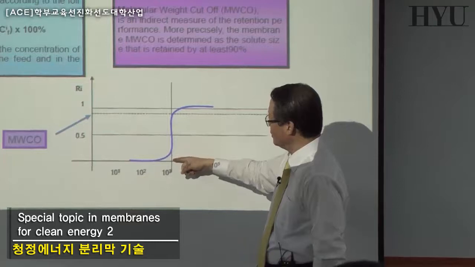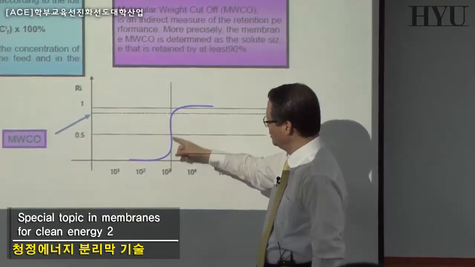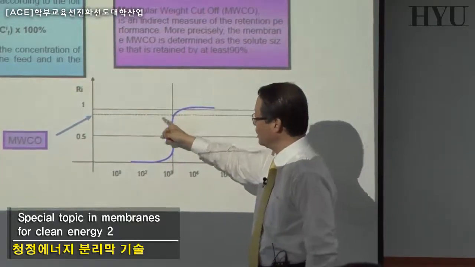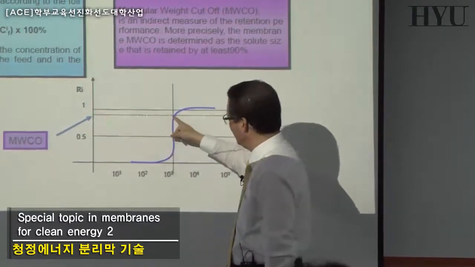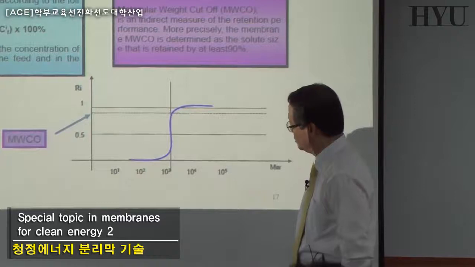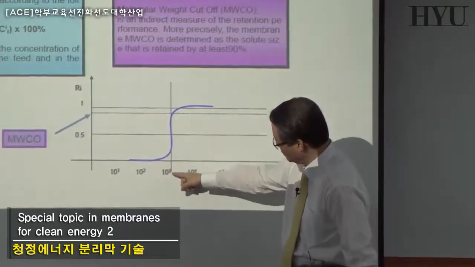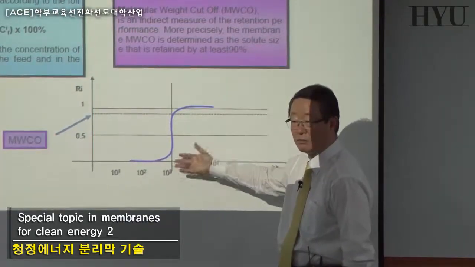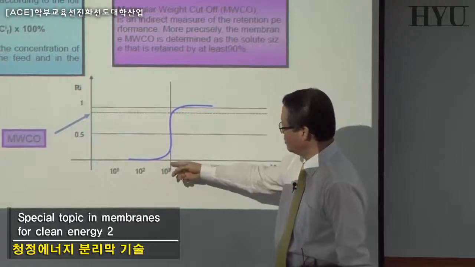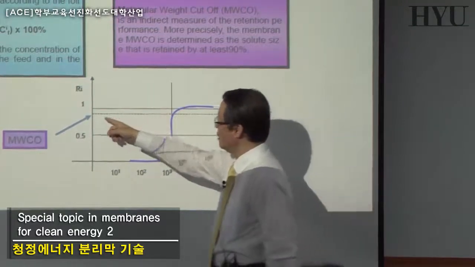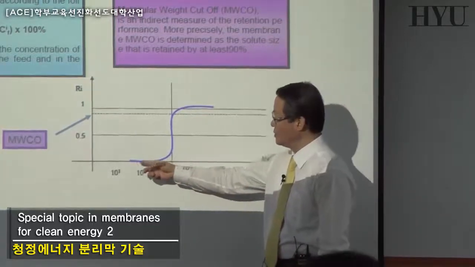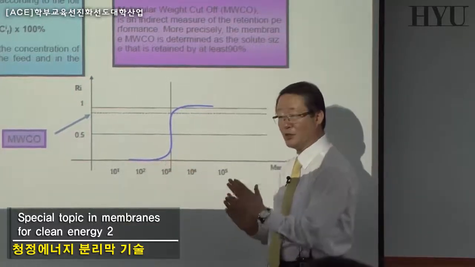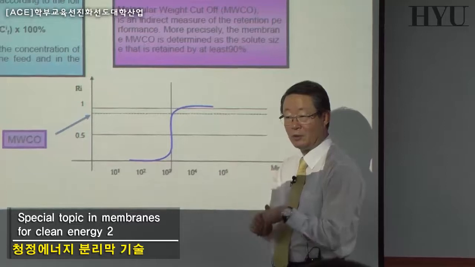So MWCO is defined as the solute that has a rejection of around 90%. In this case, it's about 10 to the 3, which is about 1,000 or 1,500 or something like that, and that is called the MWCO. This is easy to determine because we have a very sharp breakthrough point.